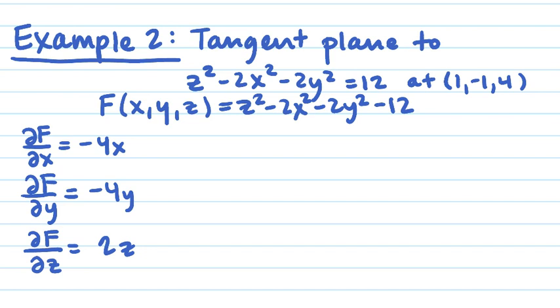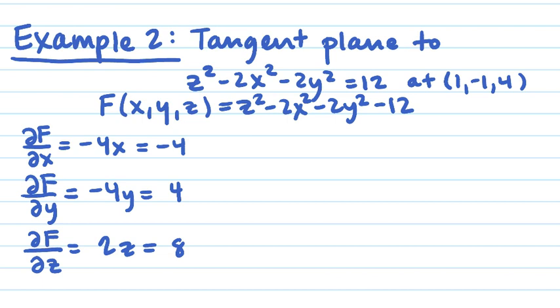Okay, so I plug in the point. At the point I'm interested in, the partial of f with respect to x is negative 4 times 1, which is negative 4. Partial of f with respect to y is negative 4 times negative 1, which is positive 4. Partial with respect to z is 2 times 4, which is 8.